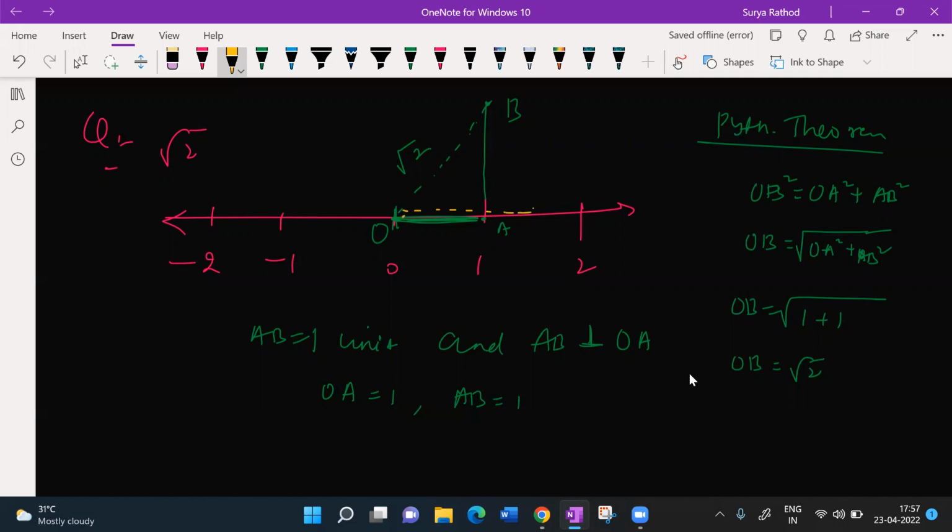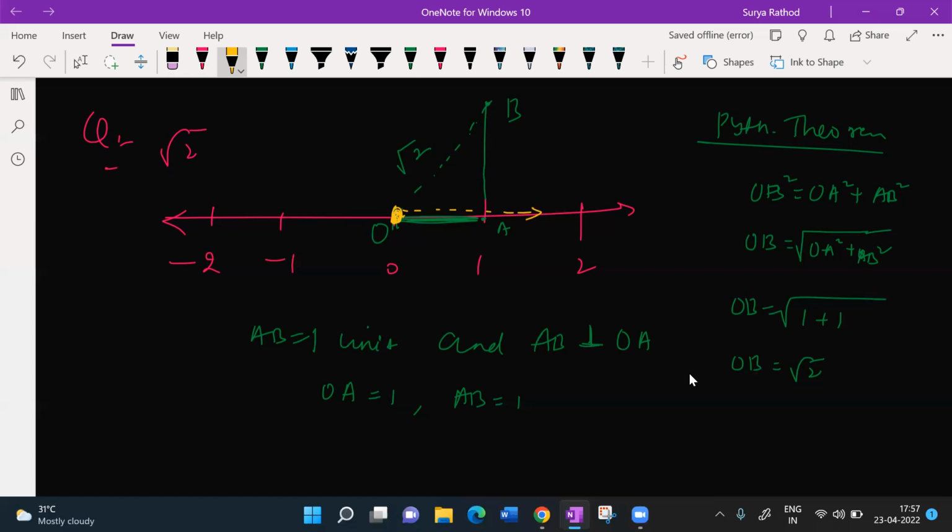Somewhere it will be there. Clear? So measure the length with the scale and then keep a compass over here. See guys, can you see what I'm writing here? We put a compass here with the OB length.